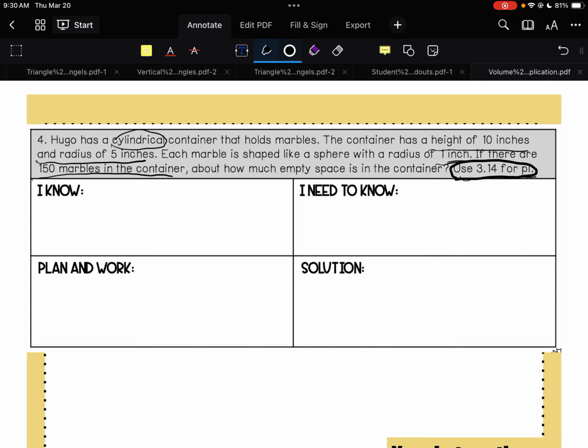So we are not going to use that pi button on our calculator. We are going to use 3.14.